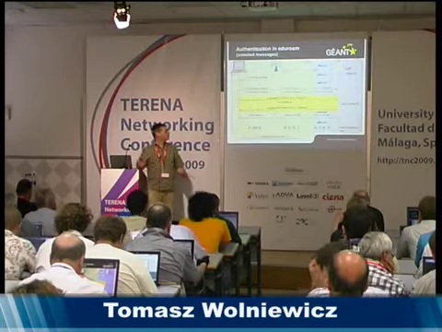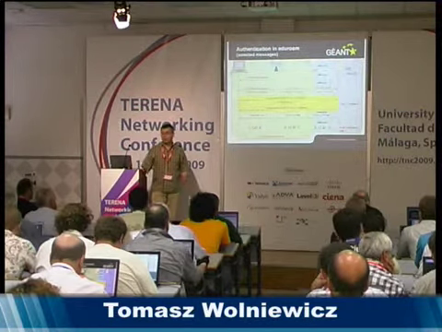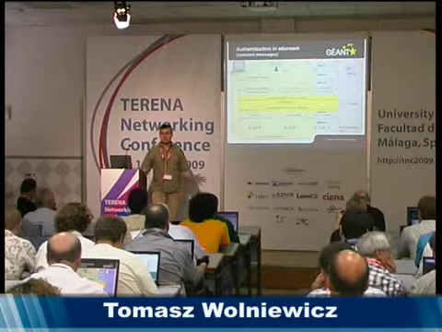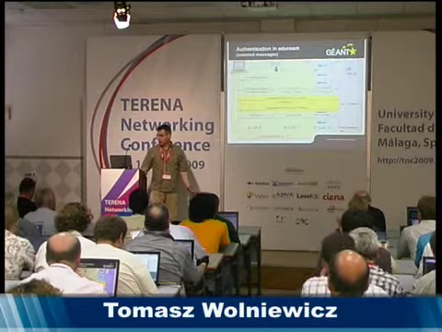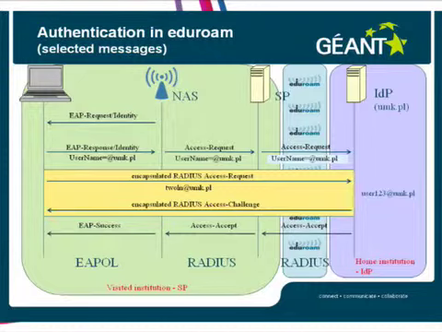So Stefan has already shown how EduRoam now works. This slide shows more or less the same thing, but more from a local site point of view. So we have 4 main players here. First is the user, depicted as this laptop. Then there is the network access station or access point, or maybe an access point controller.